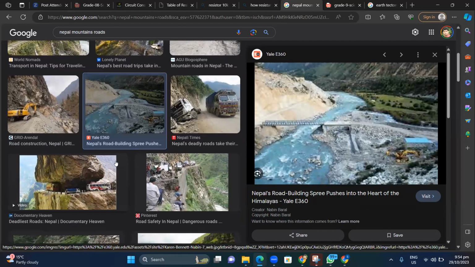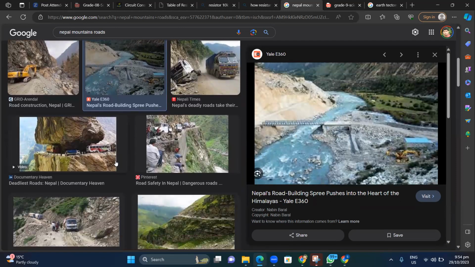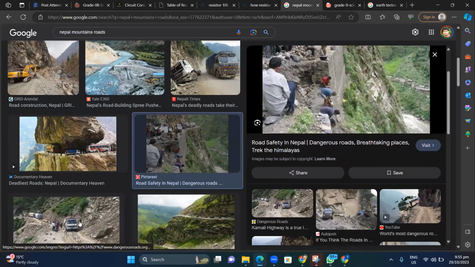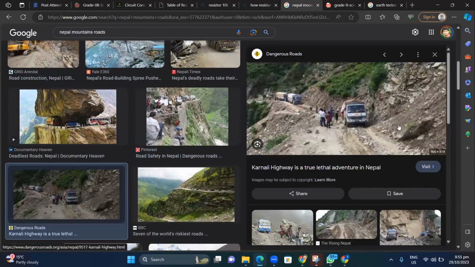Everywhere this stone situation is there, and all are falling. I thought it was one or two roads. No, everywhere. Roads like this are very scary sometimes.